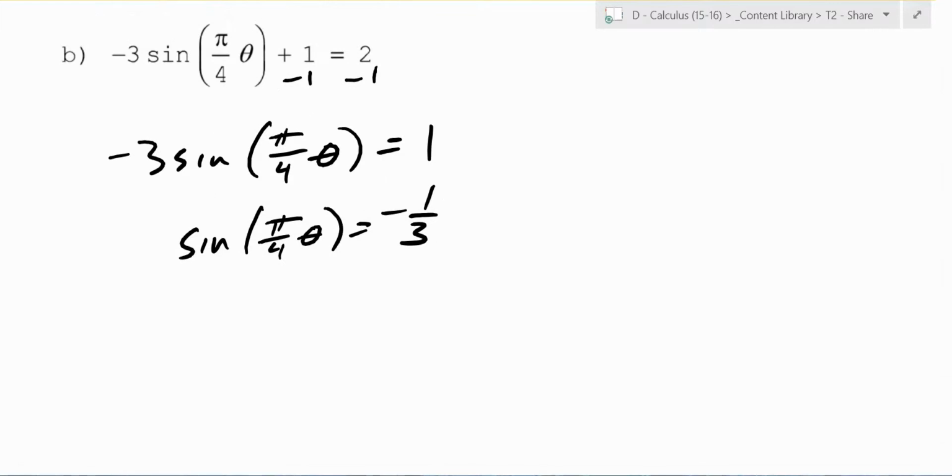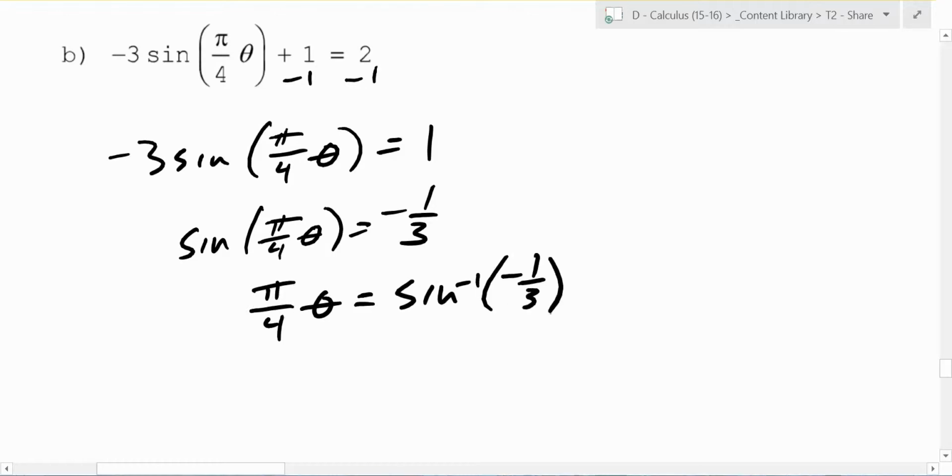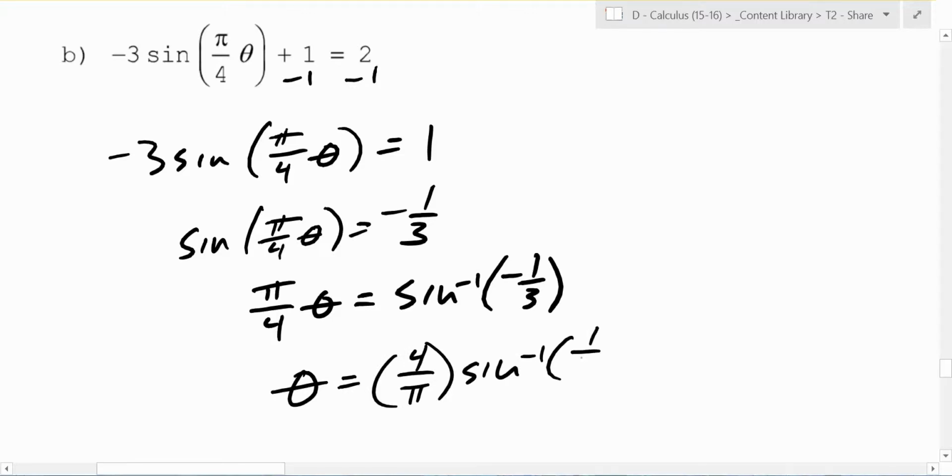How do you undo sine? Inverse sine. So pi over 4 theta is equal to sine inverse of -1/3. What do we multiply by now? 4 over pi. So theta is going to be equal to 4 over pi times sine inverse of -1/3.